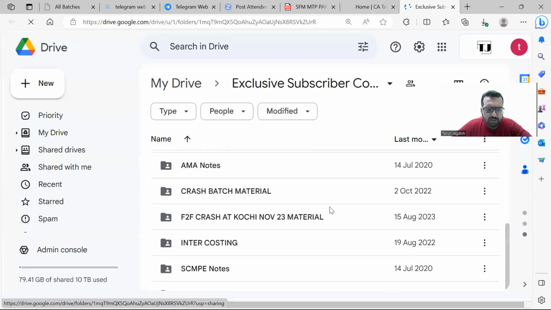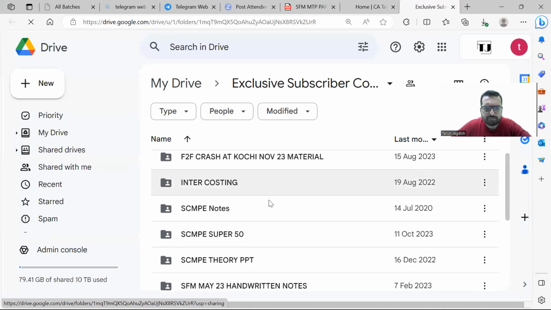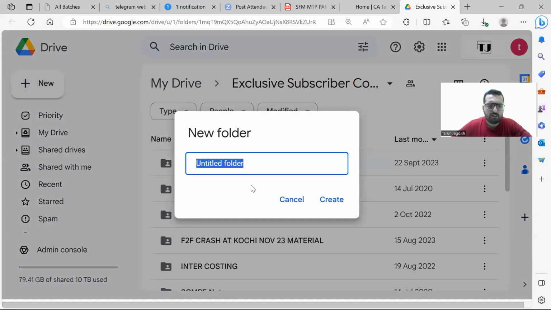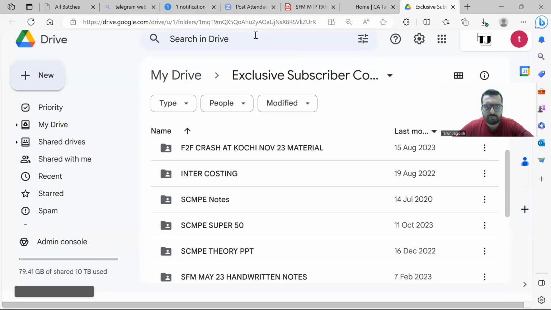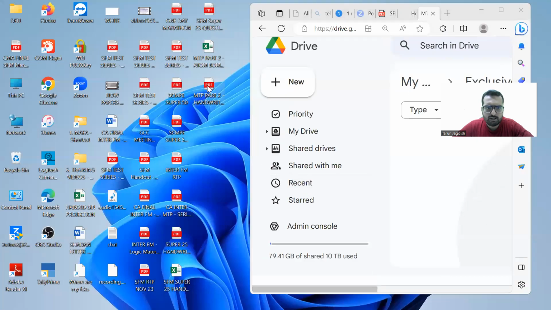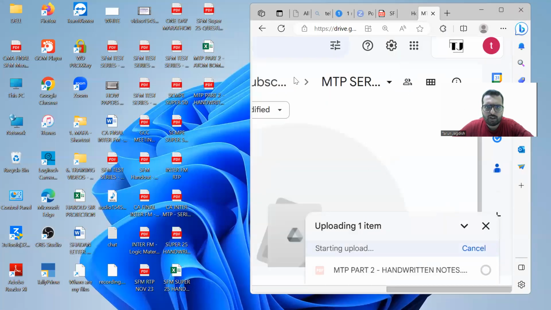I think I'll do one thing. I'll make a new folder here now. MTP series 2, correct? Inside this, I will go and share the handwritten notes. And what is the other one? Atom bomb question.